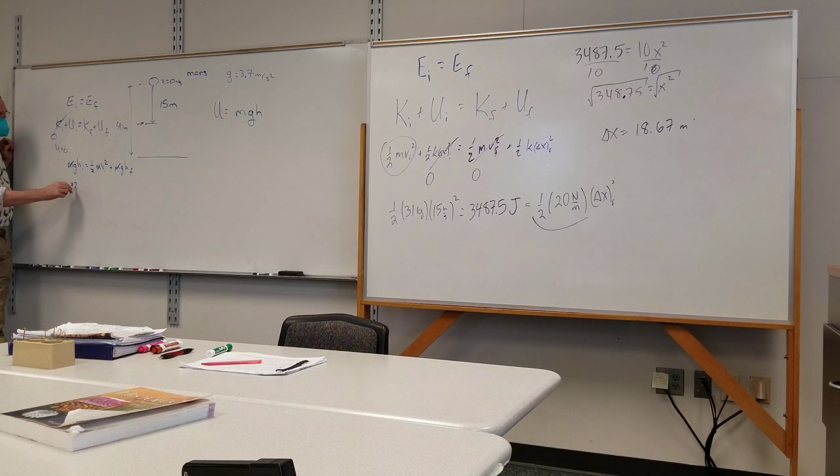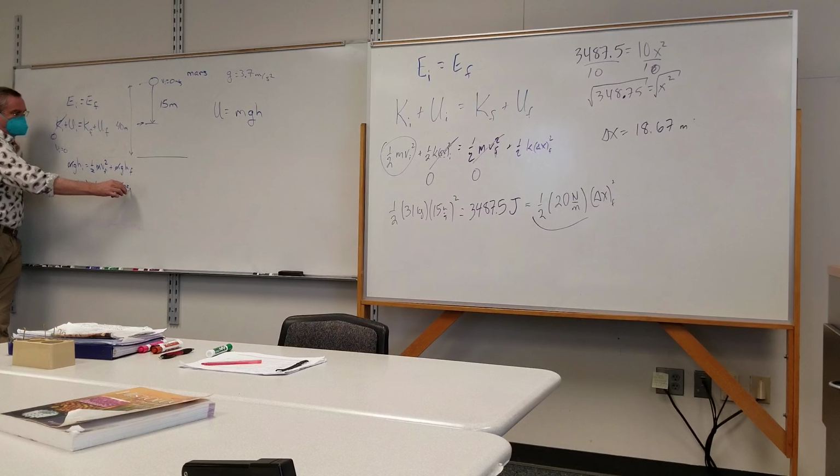So I have 3.7 times 40 equals 1/2 times my final speed squared, that's what we're trying to find, plus 3.7 times my final height, which would be 25 meters.